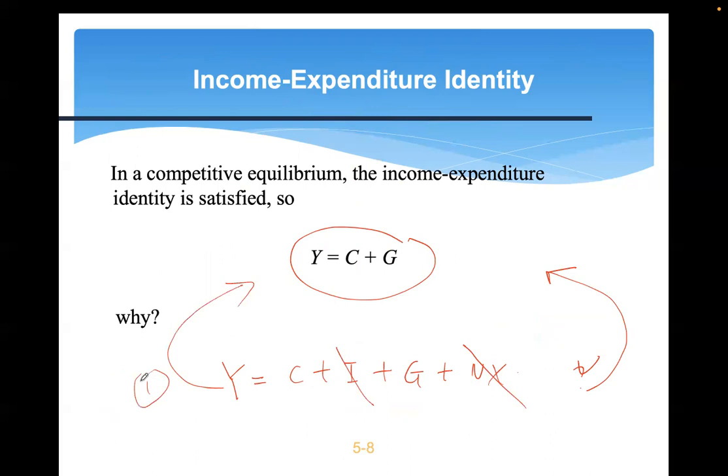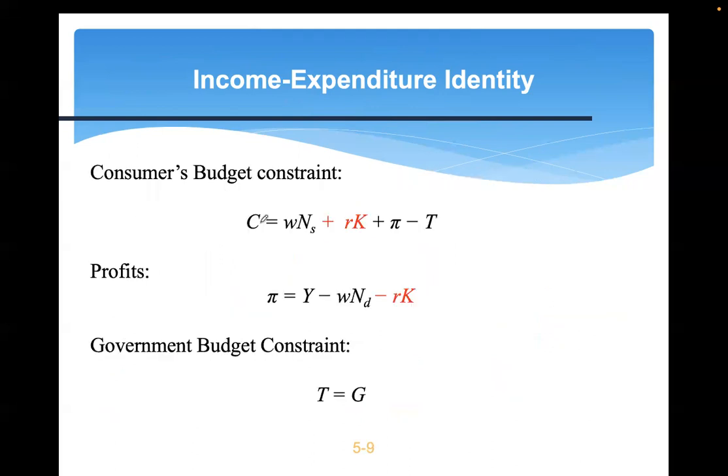Now, alternatively, we are going to do some maths. Start with the consumer, something we studied in the previous lecture. The consumer has consumption. The consumption comes from their income, and then they need to pay tax.